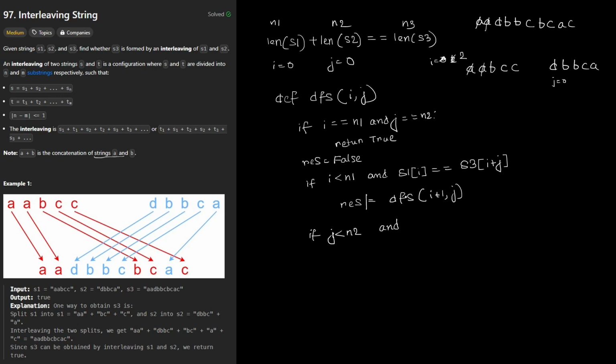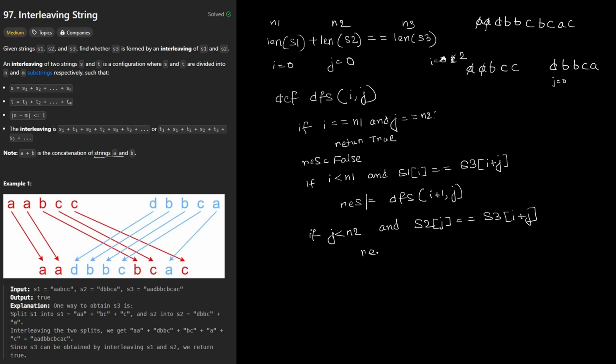It can go in multiple directions. So if there is any way that we can form string 3 using all the characters of S1 and S2, we have to return true. Any one would be fine. So here I can say S2 of j is equal to S3 of i plus j.